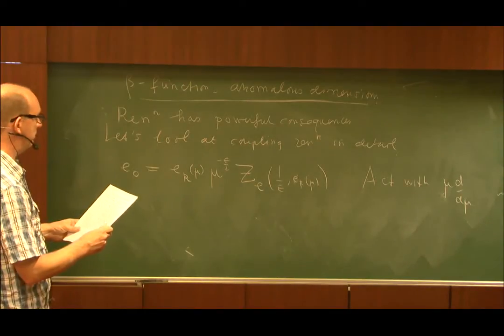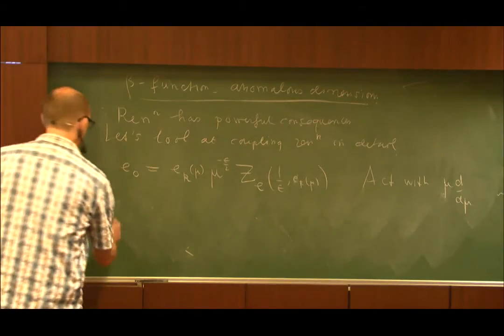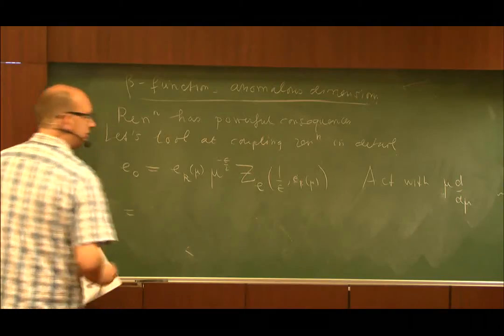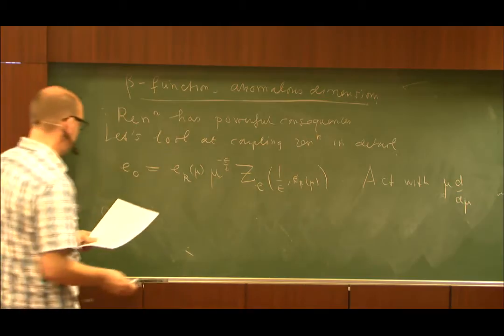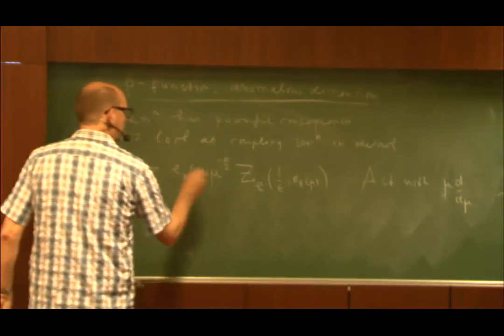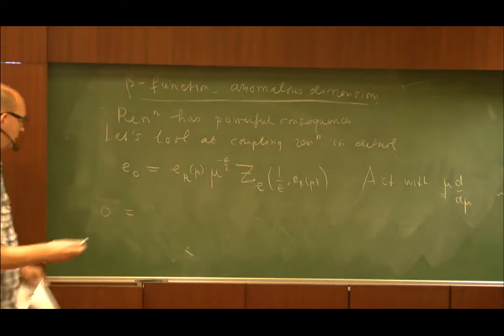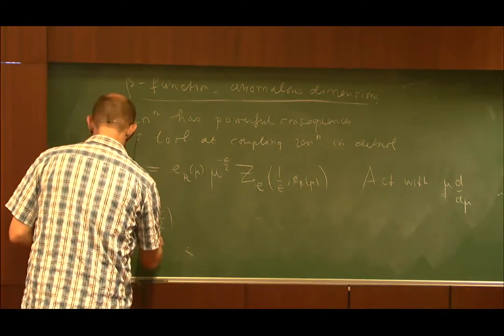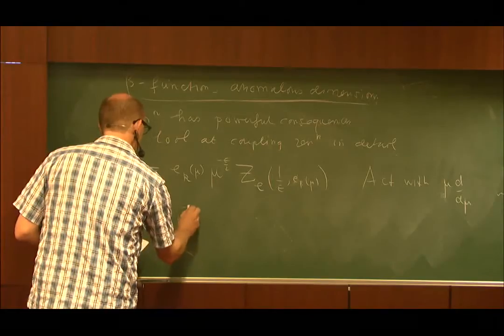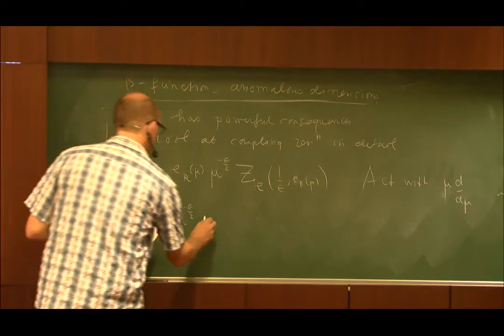So what do we get? Well, on the left-hand side, I get 0. There is no mu dependence in the bare coupling. On the right-hand side, I get, let me first act on this mu factor, and then I get minus epsilon over 2, mu to the minus epsilon over 2, ER.